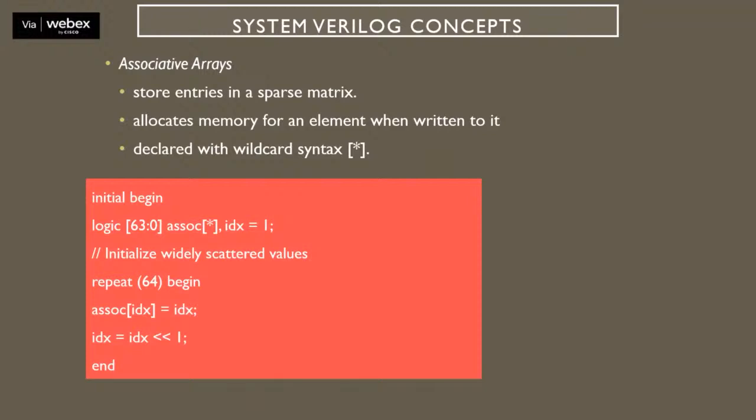As I told you, these can be allocated only when they are necessary, and these features are not usually synthesizable. You cannot synthesize them. Only fixed size arrays are synthesizable, and the operations that can be done on them are also synthesizable.